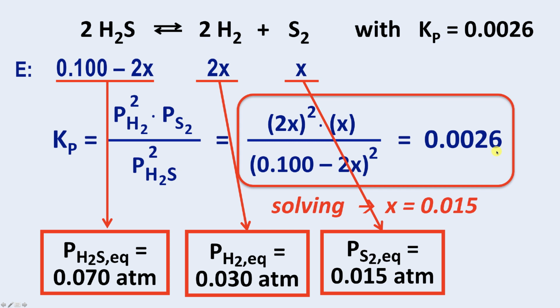It might vary just a little bit because of round-off uncertainty, but if we do that calculation, we do in fact get the K sub P, and we know we did the math right and solved the problem correctly.